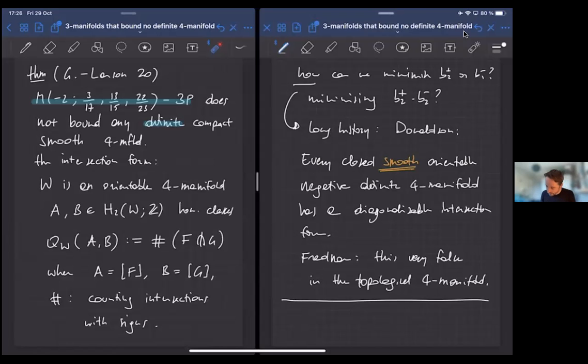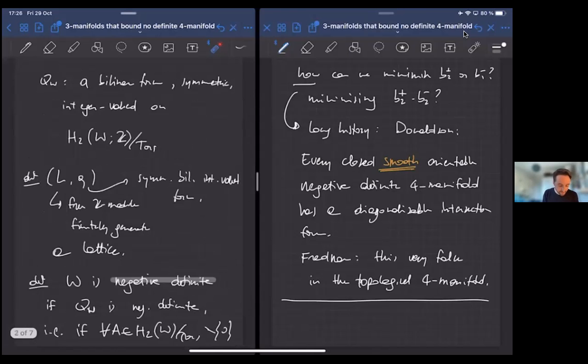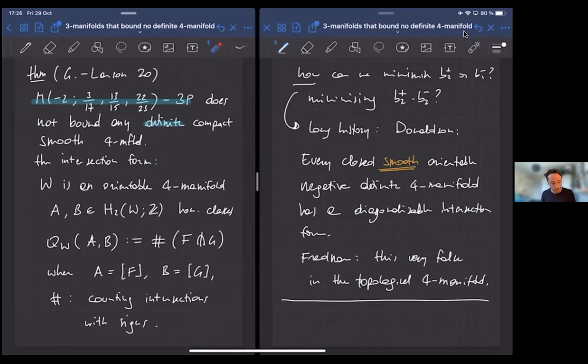So I don't know. I hope that I convinced you that this is sort of a natural question. You have a class of 4-manifolds, and you're asking what are the minimizers of some complexity on this class.